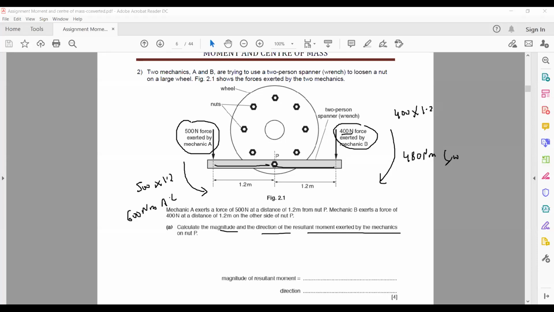Now both moments are in opposite directions. One is clockwise, another one is anti-clockwise. What will be the magnitude of the resultant moment? Because they're acting in opposite directions, to calculate the resultant, we will subtract.